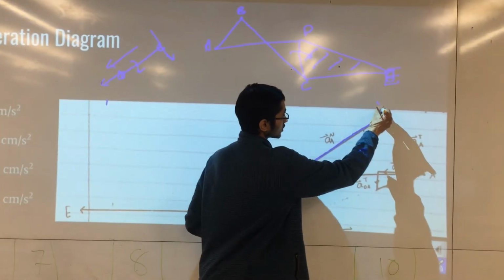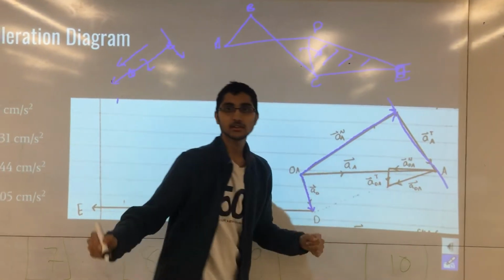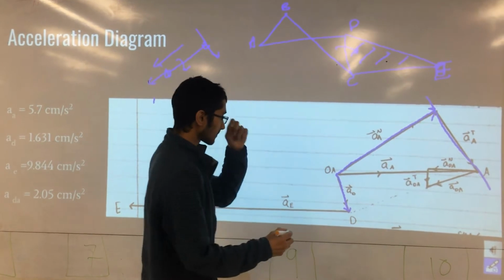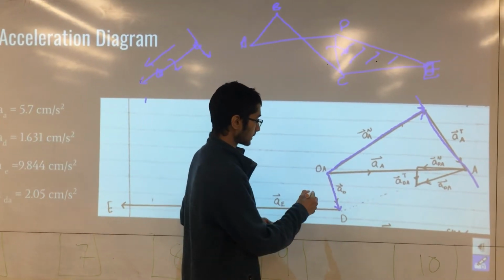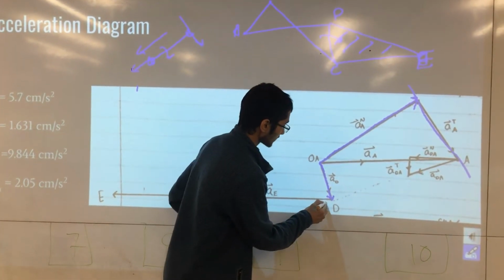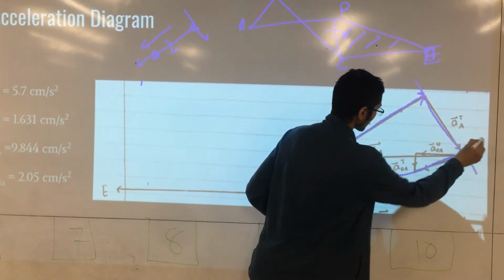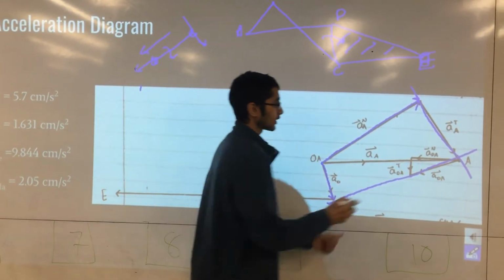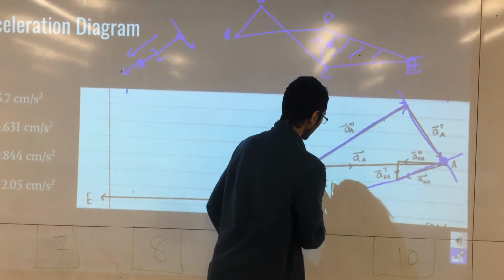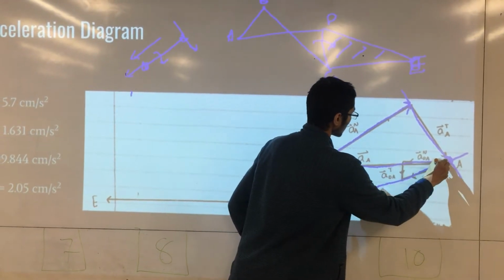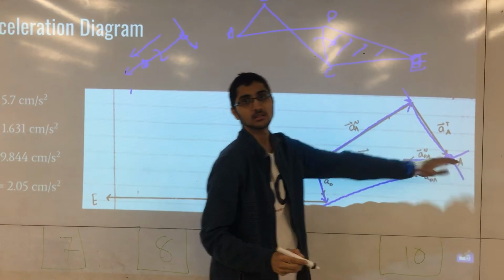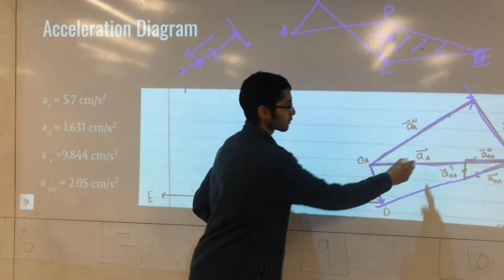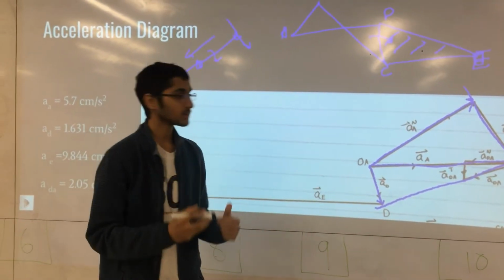Then we can draw a tangential acceleration component. And once we draw a tangential acceleration component from point D, we know that we have an intersection here, which means that this acceleration is indeed of point A, and we can label it as A_A absolute.